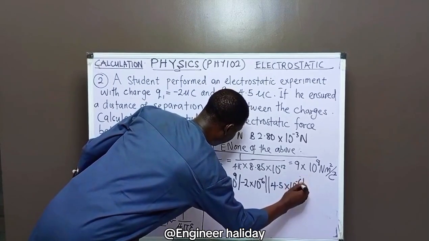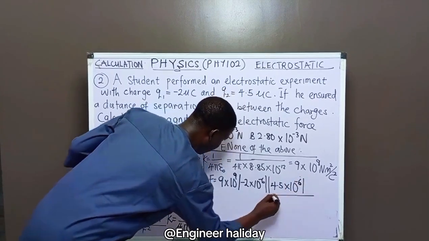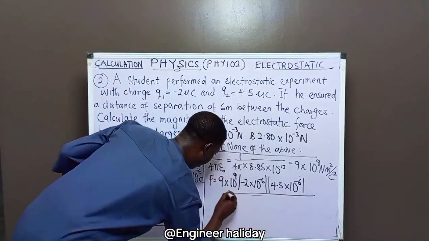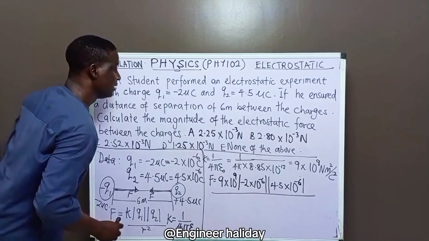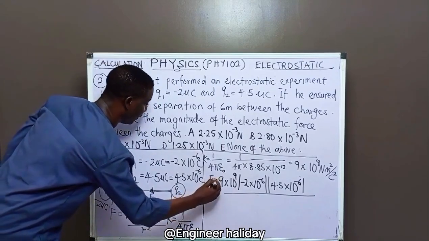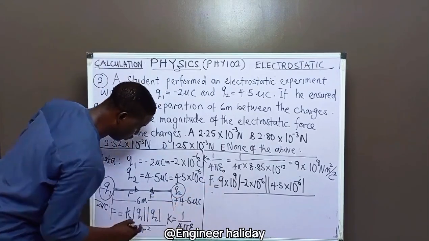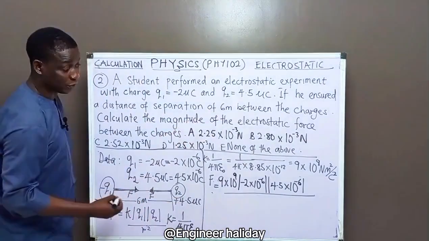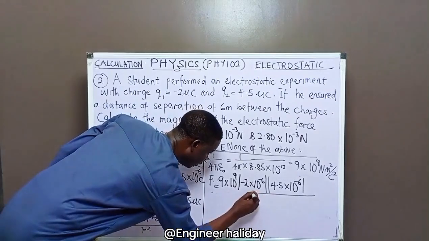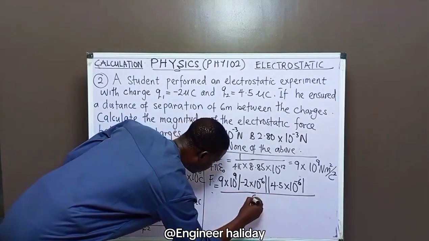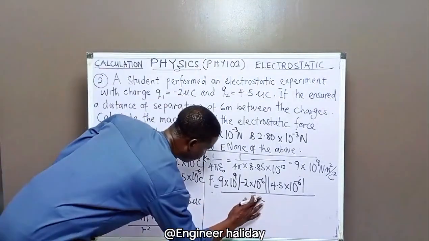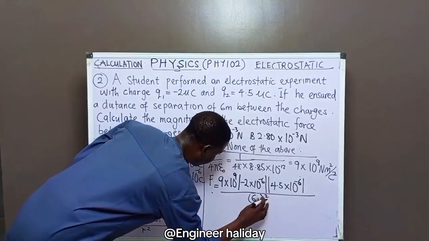Then divide by the distance apart. The distance of separation for the two charges is, look at it, 6 meters. If it's in centimeter, you have to convert to the standard unit. Don't ever use a unit that is not a standard, fundamental, or basic unit. No need to put meter here, or square.